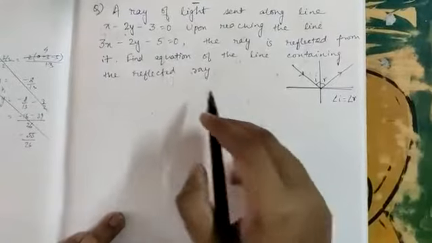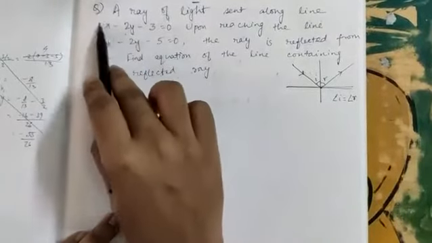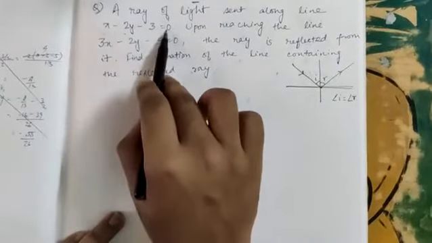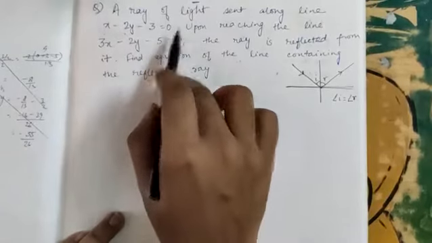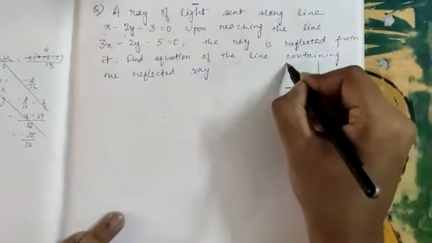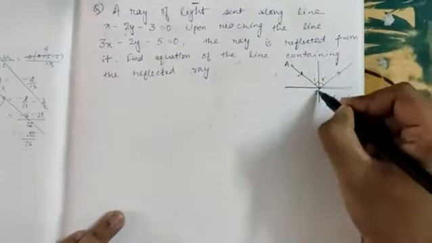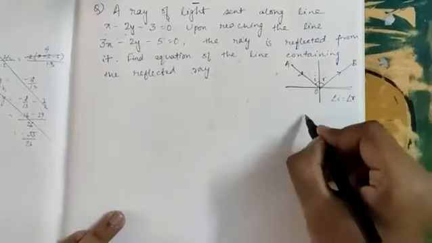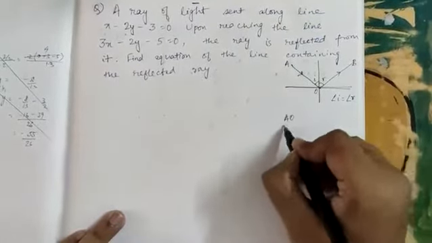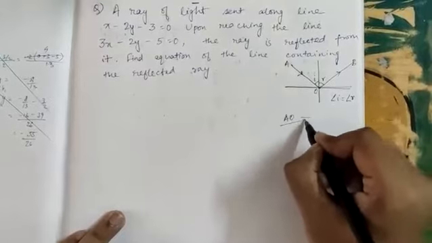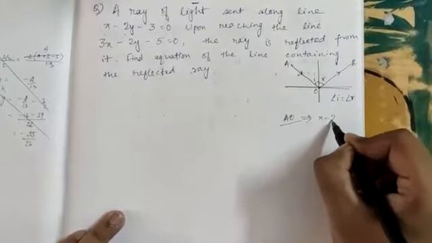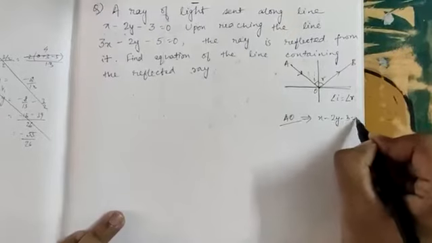Okay, so in this question it's already been said that x minus 2y minus 3 equal to 0 is my incident ray. That means let me name this as A, O, B. So the equation of line AO is given as x minus 2y minus 3 equal to 0.